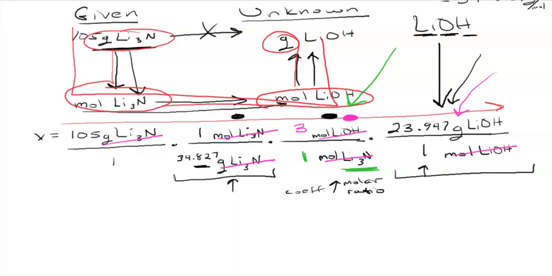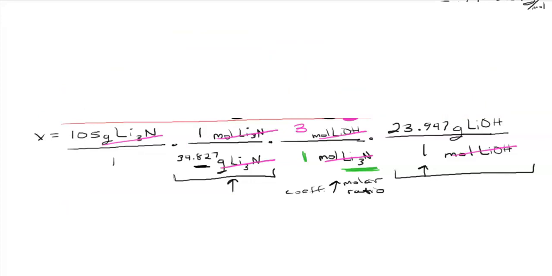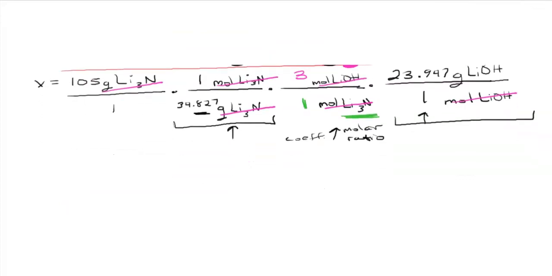So now if I do this math, let me clean this up. All right, now that it's cleaned up a little bit, it's still kind of messy for me. So I'm going to rewrite the actual problem so that it's looking a little better. So we have X equals 105 grams of lithium nitride over 1, times a line.